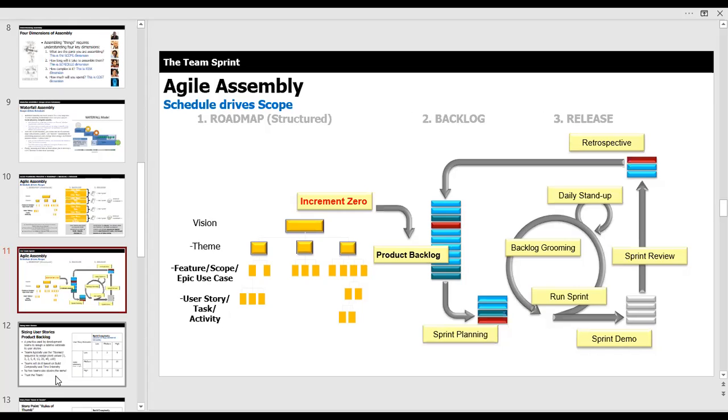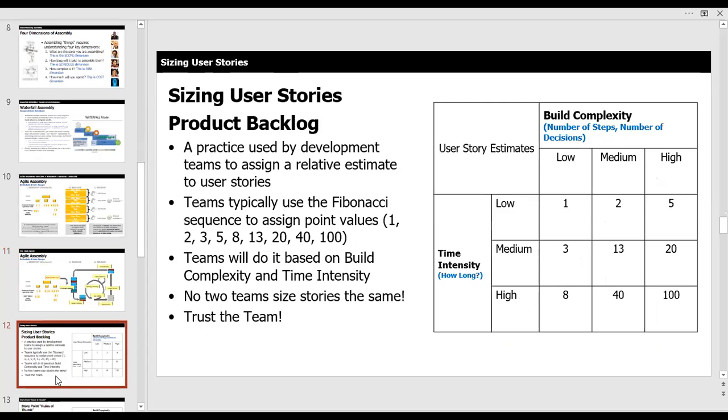All right. But now you have to estimate. So how does all this work? Well, like I said, in the traditional waterfall, the way you did it was you broke everything down, you put a duration amount or an effort amount. Most people call effort duration, but they really are different things. The term really is effort.